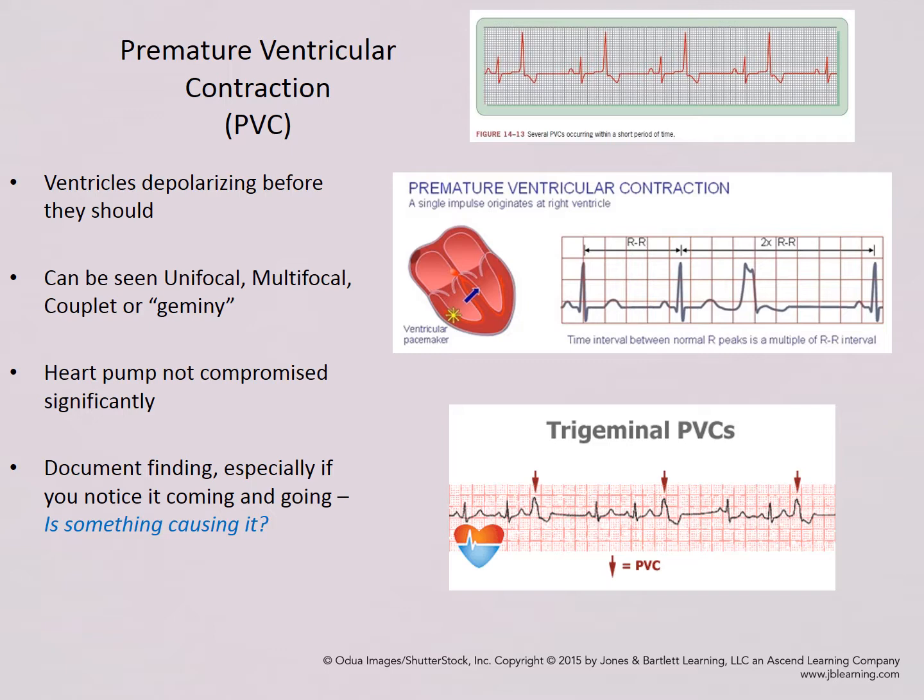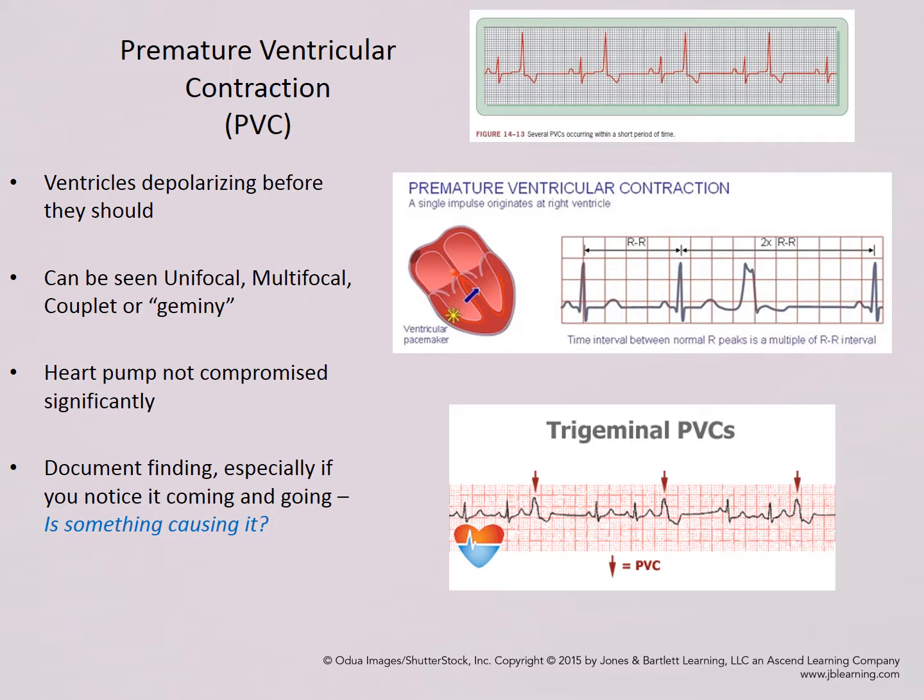If you look down at the bottom, you see how the PVCs are occurring every third beat. We call that trigeminy PVCs. So the picture at the top of your screen could be considered bigeminy. The one on the bottom of your page would be trigeminy.